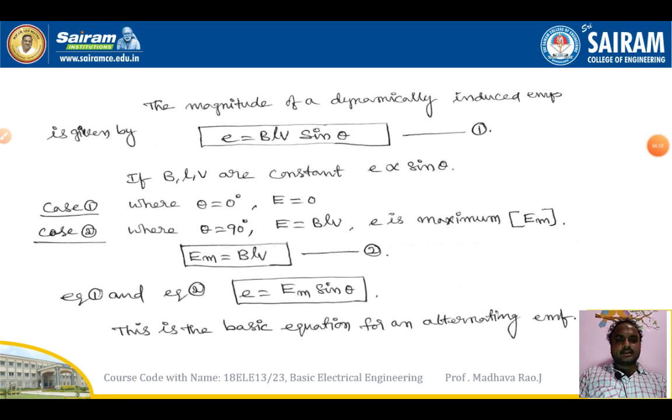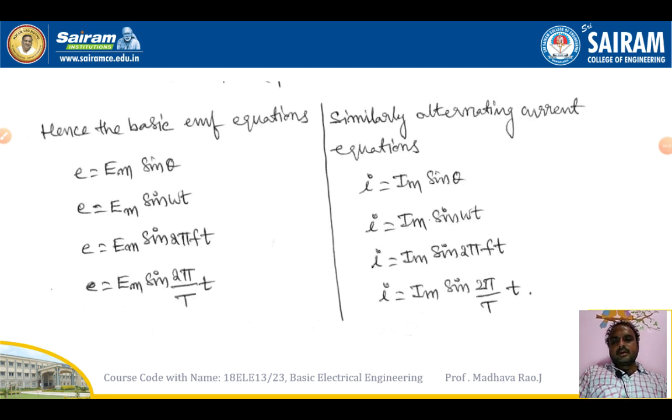Next, basic equations. We can write the sinusoidally induced EMF or current in different ways. These are very important equations for doing the problems. Coming to the induced EMF, earlier we have seen e is equal to Em sin theta.